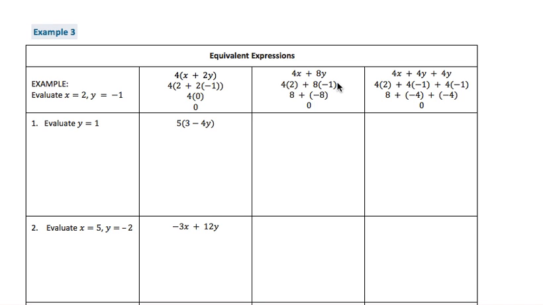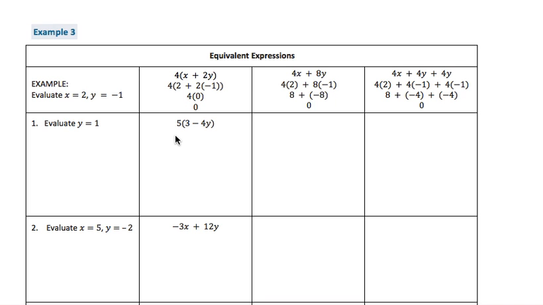In the third example, all we really did was take 8y and split it into 4y and 4y. So we have 4x plus 4y plus 4y, because 4y and 4y more is 8y. Again, we substituted in, and when we solved, got 0. Those are 3 equivalent expressions.